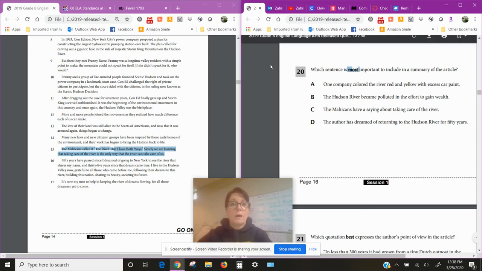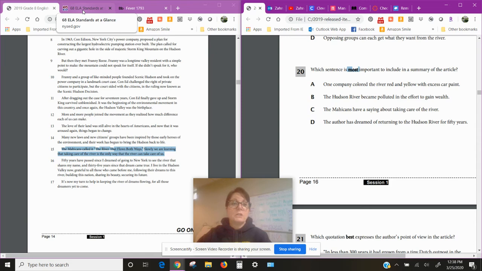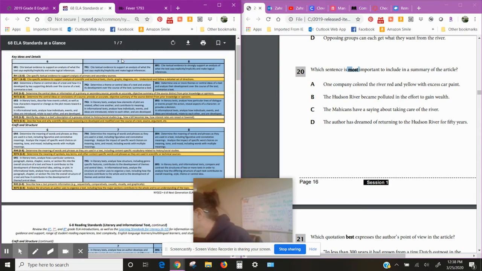Now, before I go on to answer that, you can think about it, but I'm going to show you which standard this one belongs to. And it is standard 8.2, which is determine one or more themes or central ideas of a text and analyze their development over the course of the text. Summarize a text.